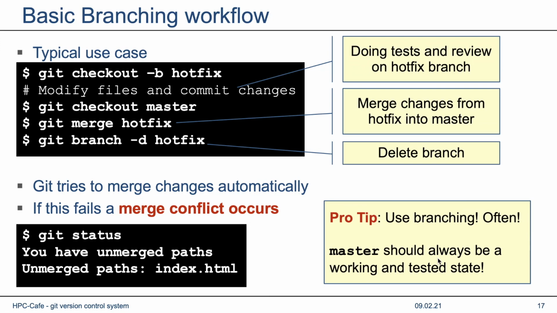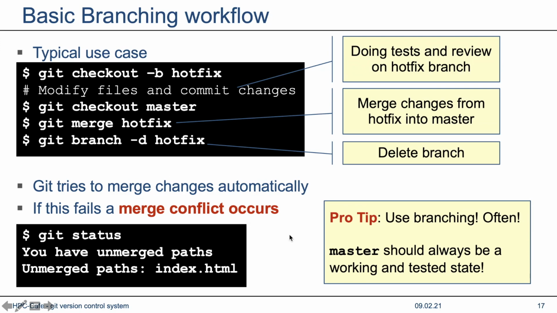But as I said, there are different models and workflows, and this is the topic of another talk. But I recommend still, even if you're a beginner, use the branching feature. It gives you really a more relaxed and a safer way to do things, and it's generally recommended. And in Git, it's also really easy to do.